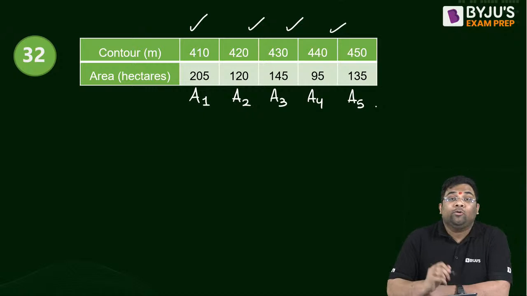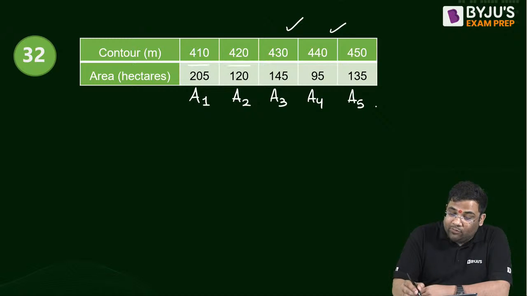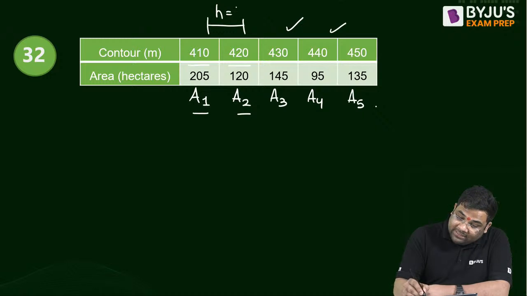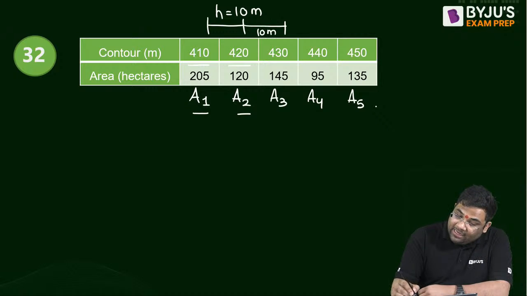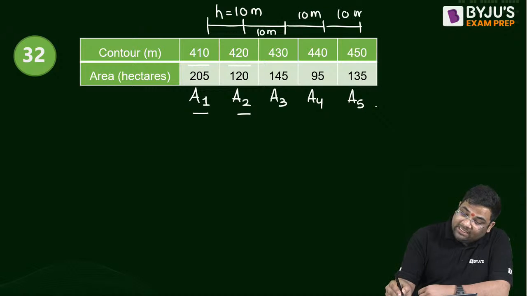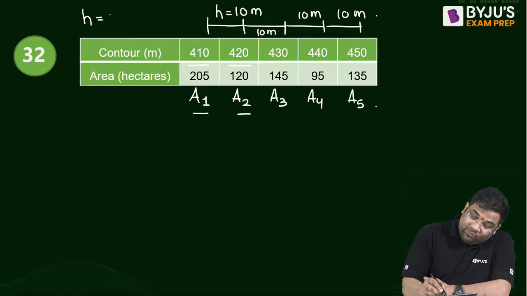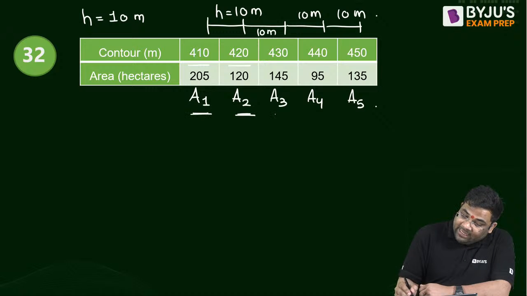Between the contours 110 and 120, these are the areas. What is the difference in these contours? H is 10 meter, right? Again the difference is 10 meter, again 10 meter, again 10 meter. So here H is equal to 10 meters and at these contours these are the areas.